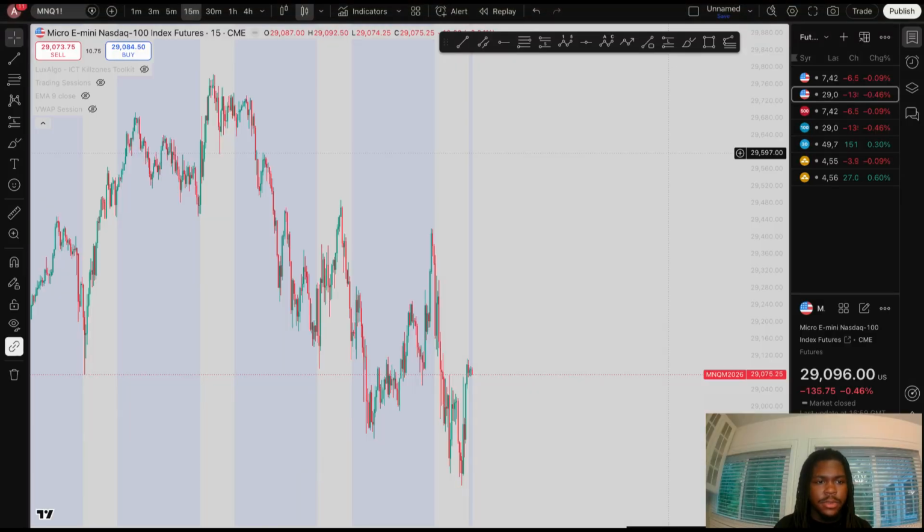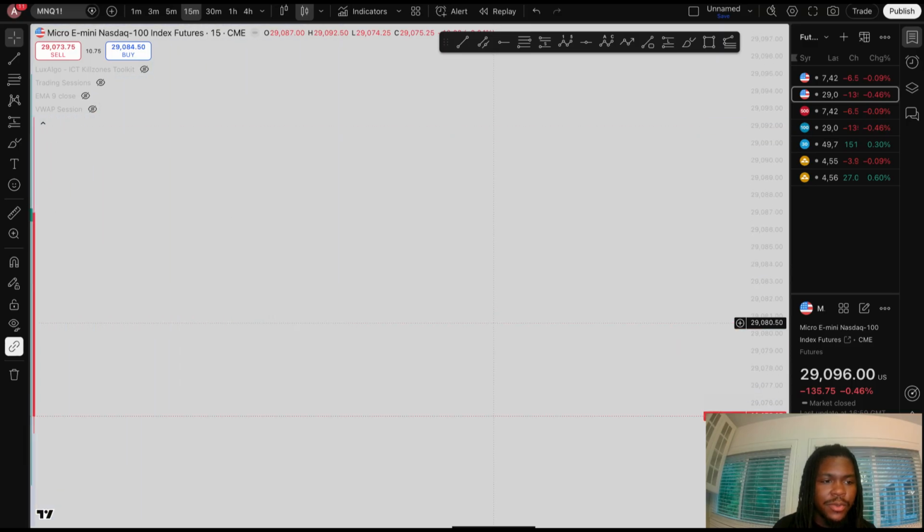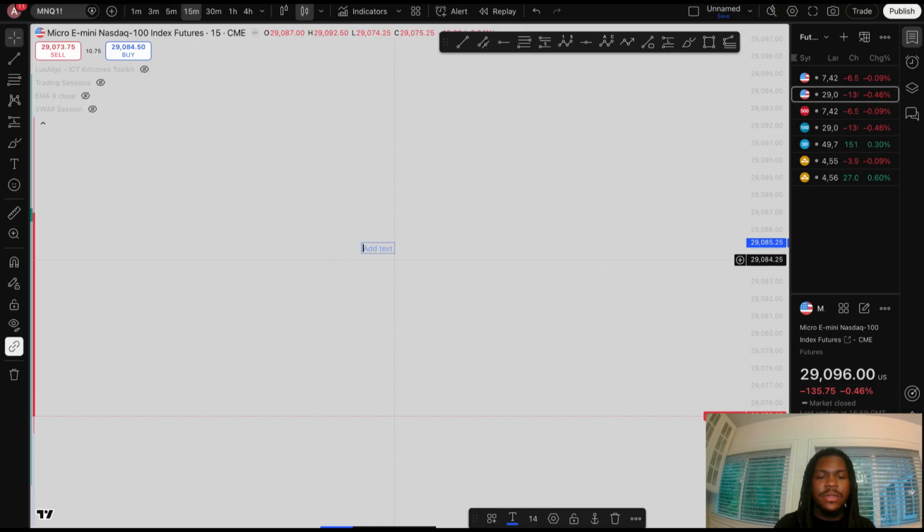Okay, so here's the charts. Before we go over here looking at price and showing you where liquidity is in price live, I first want to tell you where liquidity lies within the market. So liquidity lies within the highs of the market, or highs of price, and the lows of price.